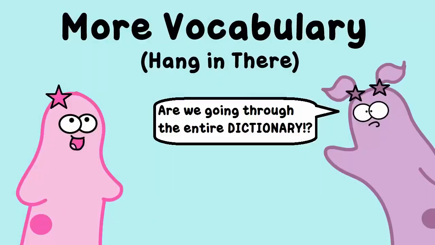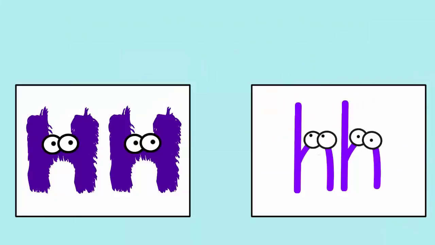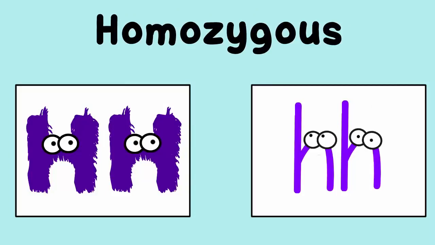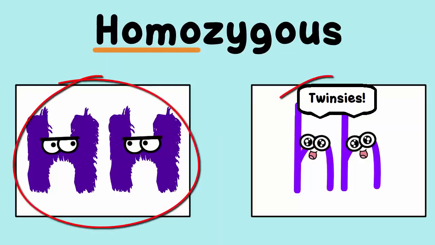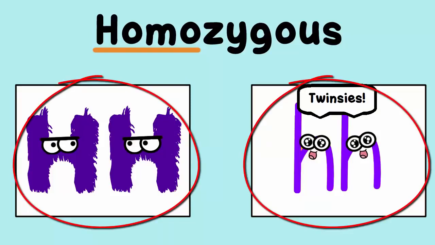Now, we're not quite done with the vocab here. A genotype of big H, big H, or little h, little h, is considered homozygous. The root in this word means same, and they are the same case. Big H, big H, those are both capital letters, and little h, little h, those are both lowercase letters.